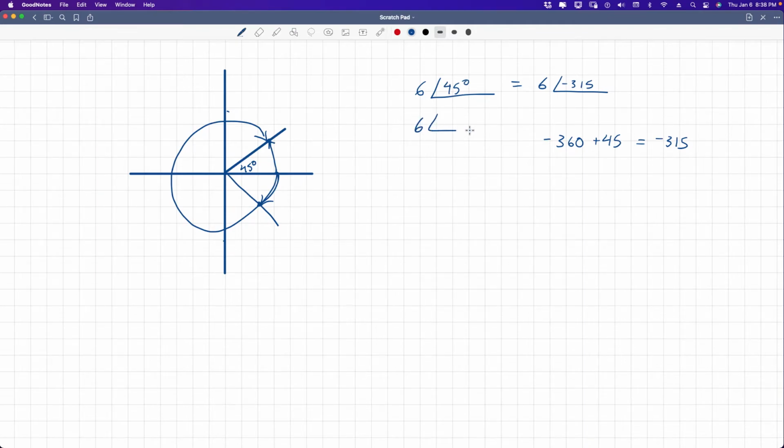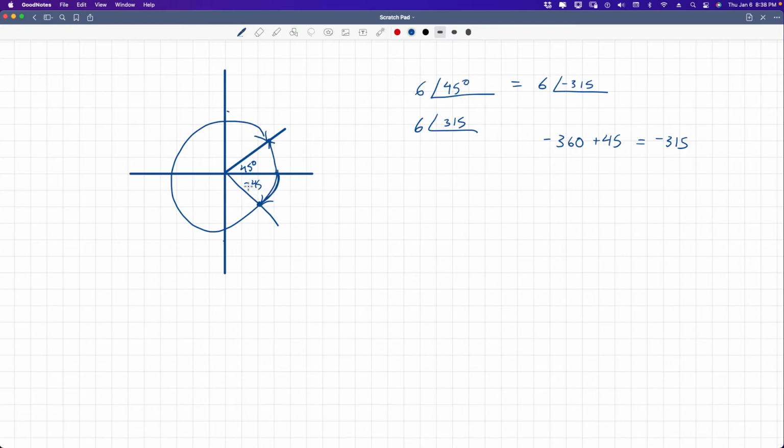A positive 315 means you have to go all the way around, when you could just say it's a negative 45. And there's less math to do. When you're talking about an air traffic controller, the faster way is better. They need to know quicker, right?